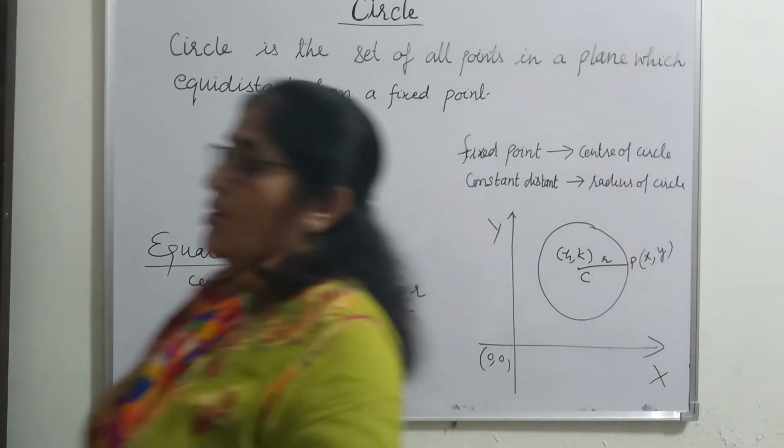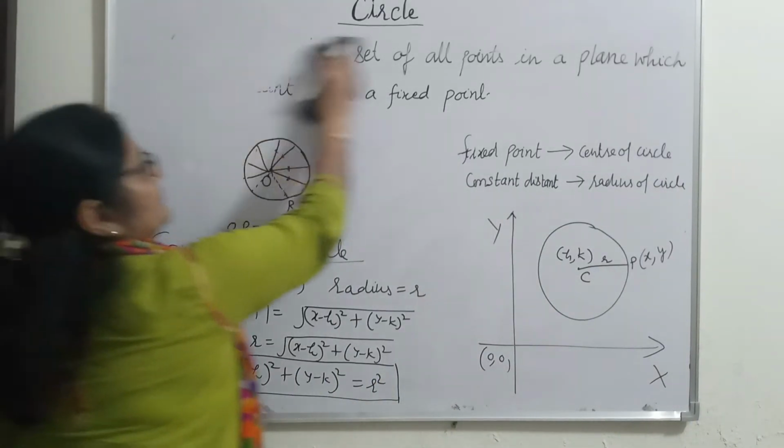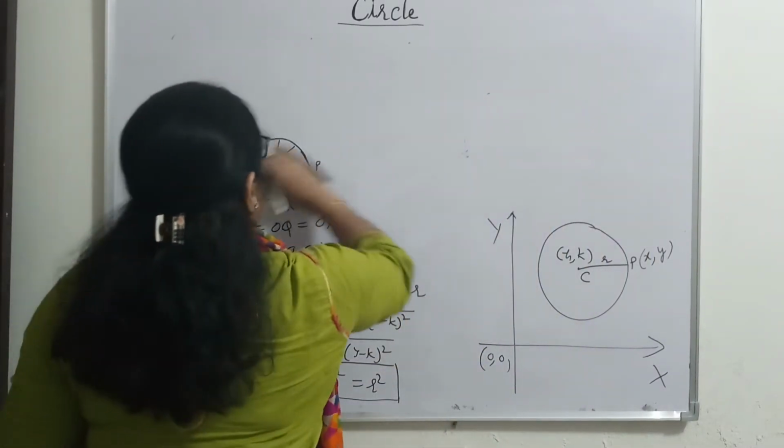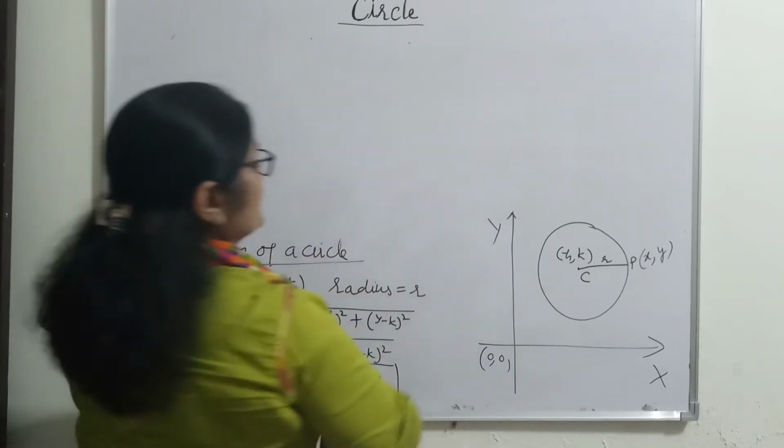Now, if the center is at the origin, the equation of the circle will be simplest.